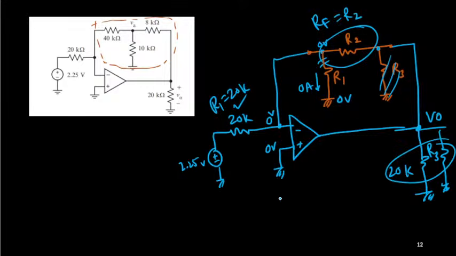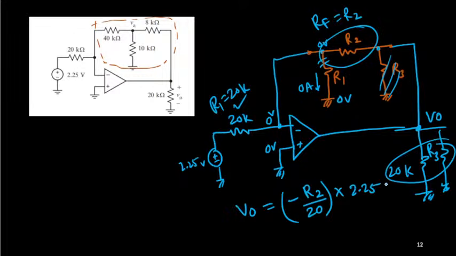Okay. So what is the output voltage? So it is now simply inverting amplifier. The gain is RF, means here R2 by R1 is 20K. So R2 should be in the kilo ohm, okay, into supply voltage. Supply voltage is 2.25. Just calculate R2, you plug in there. I hope you will be getting the same results. Okay.